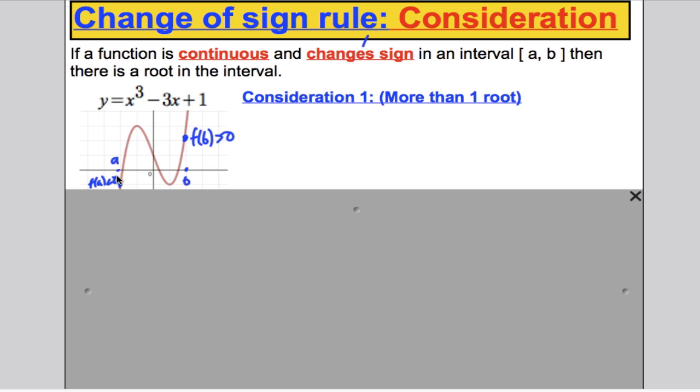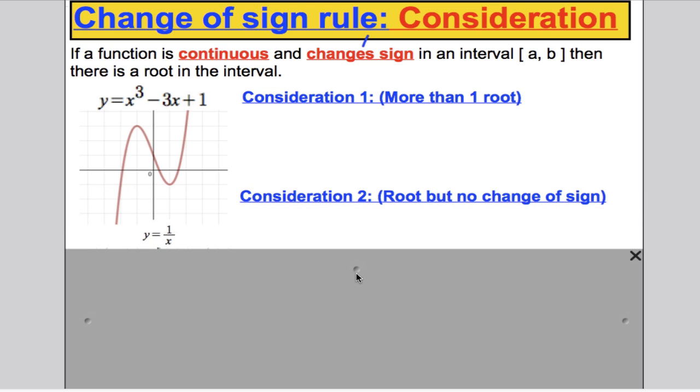Since this function is continuous and f of a is less than 0 and f of b is bigger than 0, there's a change of sign. The change of sign rule tells us there is a root. However, we chose a and b quite far apart. In this case, there is one root, two roots, and three roots. So it's just important to bear in mind that this change of sign rule could have more than one root applying to it. It doesn't mean one root necessarily, it can be more than one.